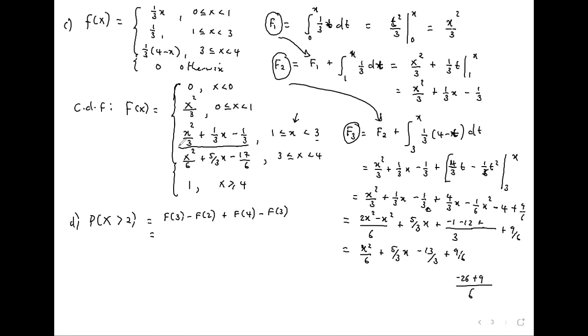So you substitute 3, that will be 9 over 3 plus 3 over 3, which is 1, minus 1 over 3.